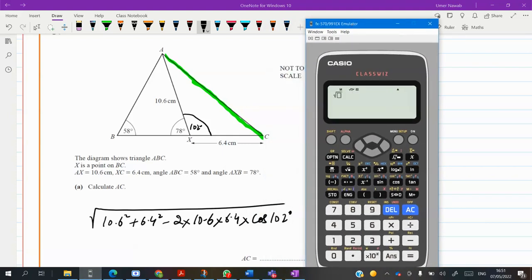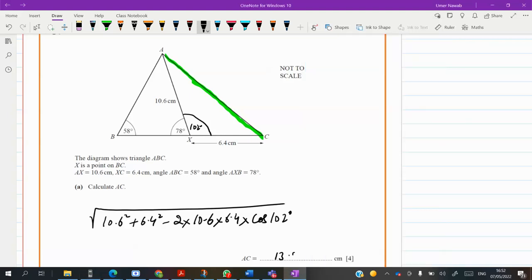A big square root 10.6 squared plus 6.4 squared minus 2 times 10.6 times 6.4 times cosine of 102, and then get your answer 13.5. So 13.5, we found it.